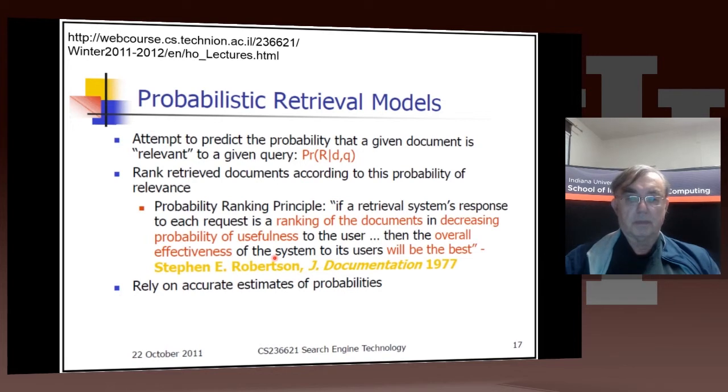We will try to return the document ranked highest, which is the one with the highest probability of being relevant. That's the basic principle, and we need to find these probabilities, which is what we're basically discussing.